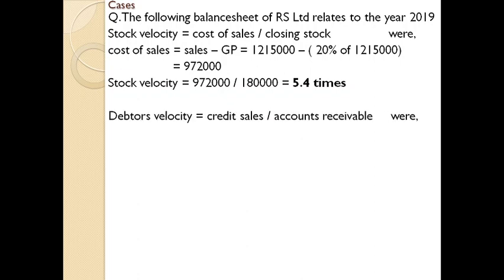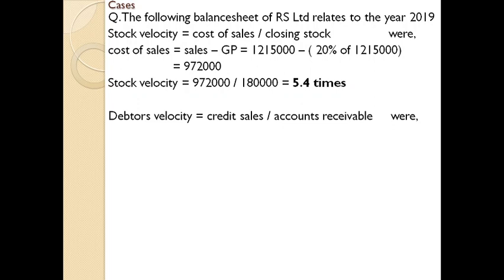Next one, debtors velocity. In the question you are asked to find debtors velocity, otherwise known as debtors turnover ratio. So familiarize yourself with all these terms. The equation is credit sales divided by account receivable. And for this reason only, in the question, the additional information is given that net sales is such and such amount, and in the bracket it is stated that a certain percentage of net sales is credit sale.